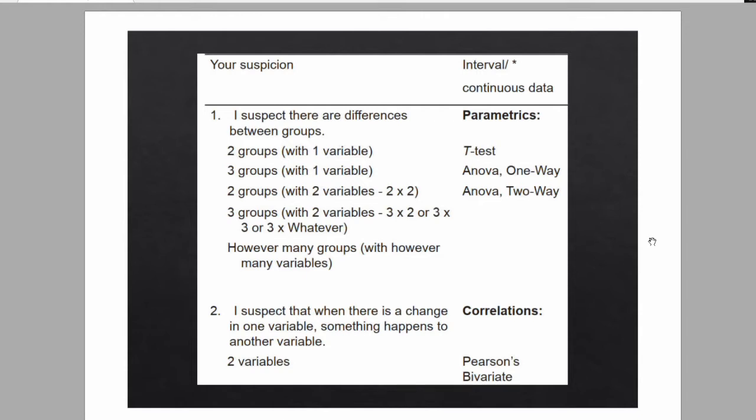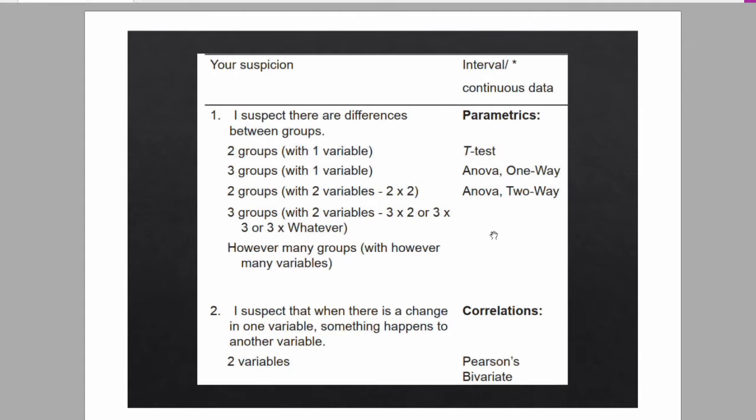If you suspect that there are differences between groups, for example people from different countries, that's more than two groups, then you'd probably do an ANOVA. Analysis of variance. The worst acronym in all of psychology. Someone turned analysis of variance into ANOVA. If you only had two groups, then you'd do a t-test.